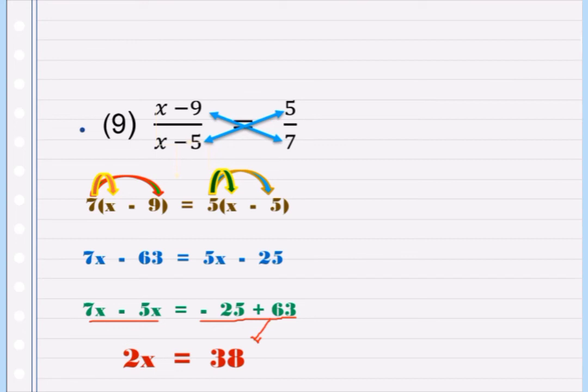So x is equal to 38 upon 2. Simply we can write here x is equal to 38 upon 2.